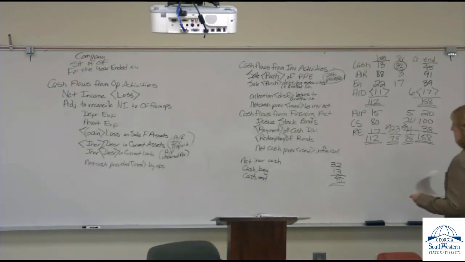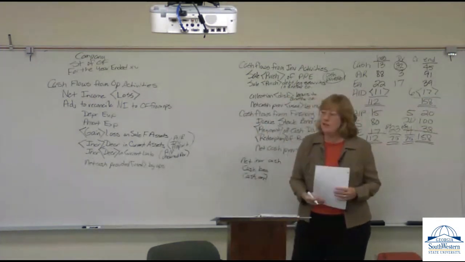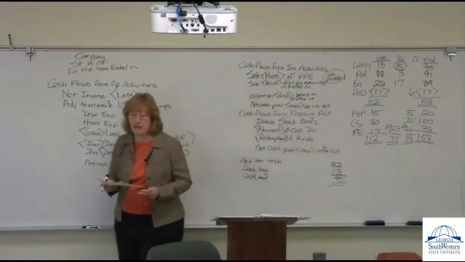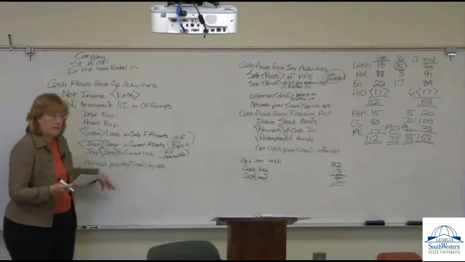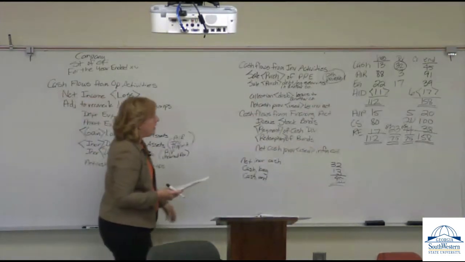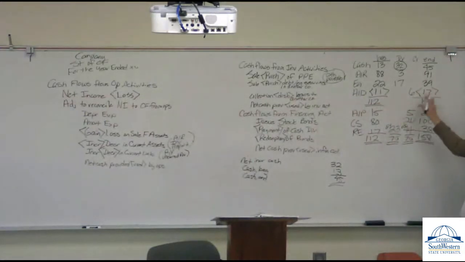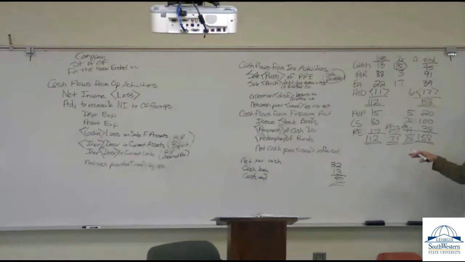I think I'll go frontwards this time, though. Okay, we'll do the operating section first, right? And in the operating section, we're going to go down the line and see if we have any of these things here, right? Now, are there any questions before we go on about this section right here, this cash part at the bottom? Y'all are all straight about that? Okay.